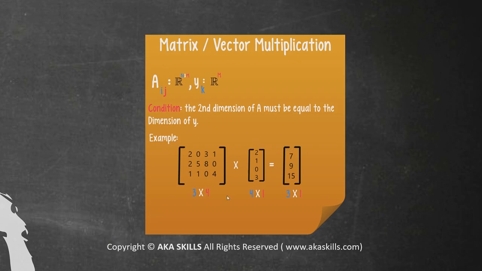And one other note. This is a very important note. It will save you a lot of time. It will help you in the future. The produced vector dimension is 3 by 1. You can notice that this 3 actually came from here, and this one came from here.